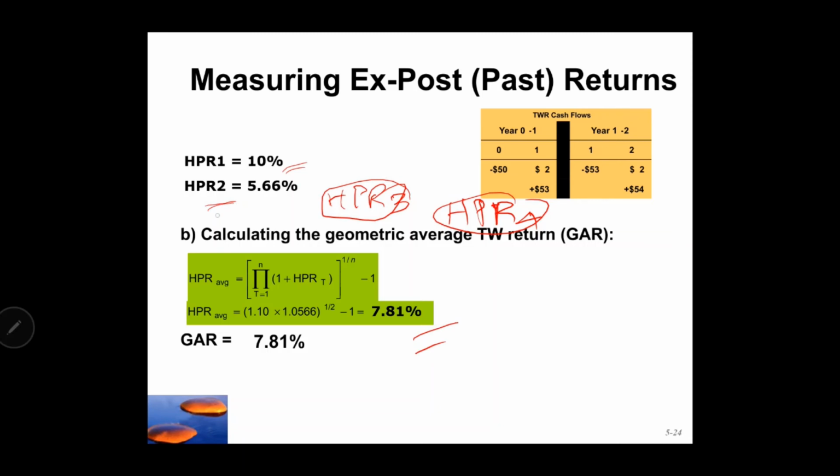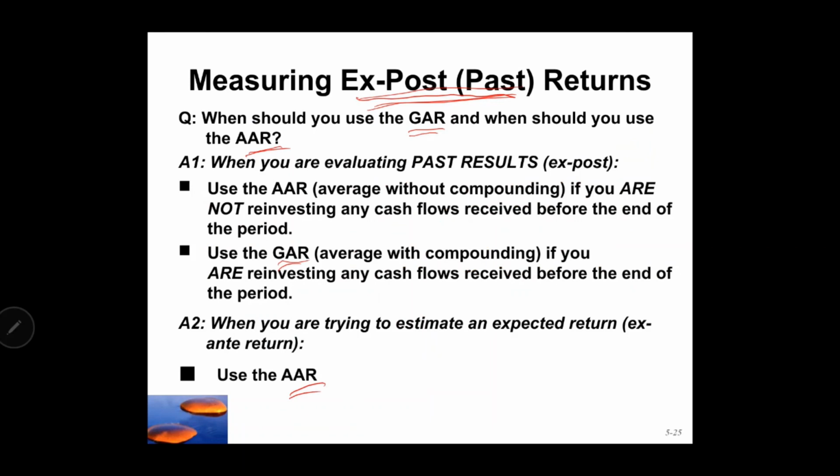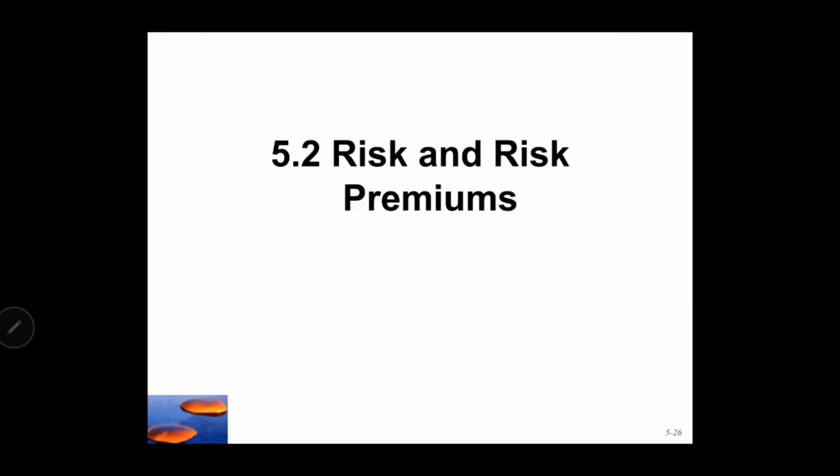So the current year is the end of year 2. So you are going to project what is going to be the returns in future, 1 year from now and 2 years from now. So this future is uncertain. Therefore you need to take into account or build scenarios. So let's discuss those things in the next section.